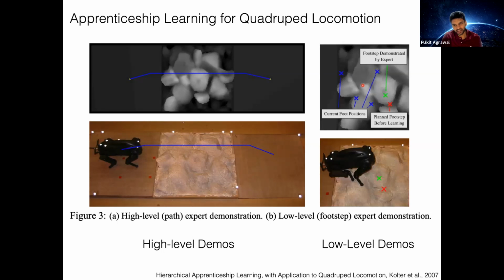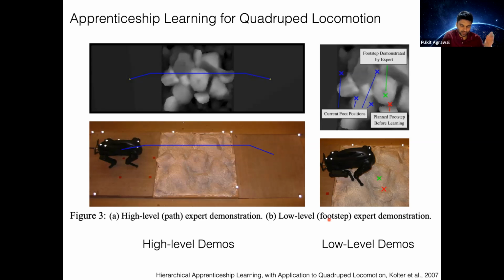Then, the robot needs to plant its feet. So now I can give demonstrations on where I want this robot to place its foot, for example, the green dot. So I can give some low-level demos.